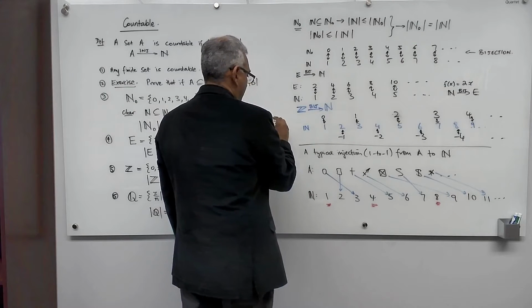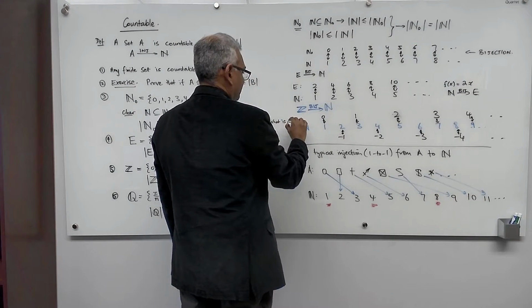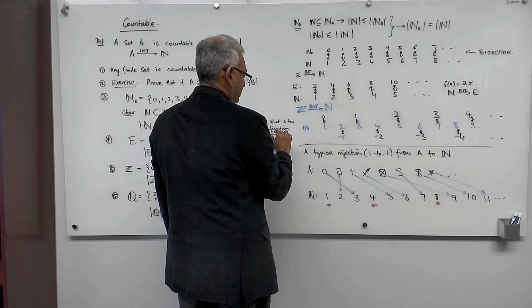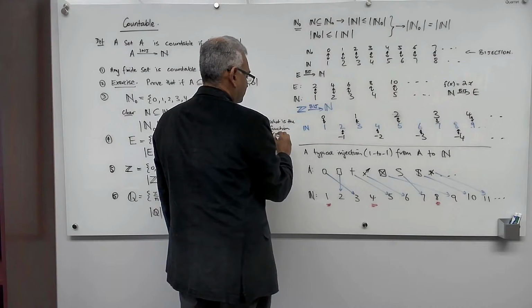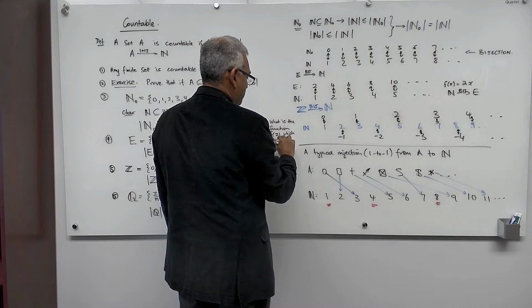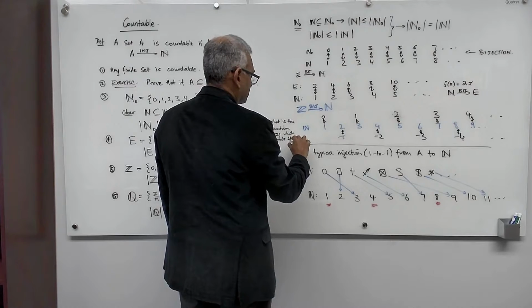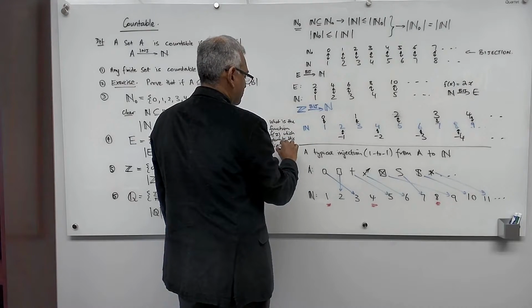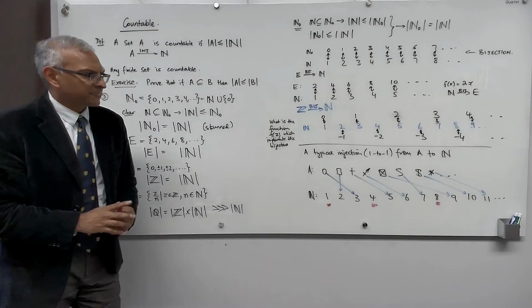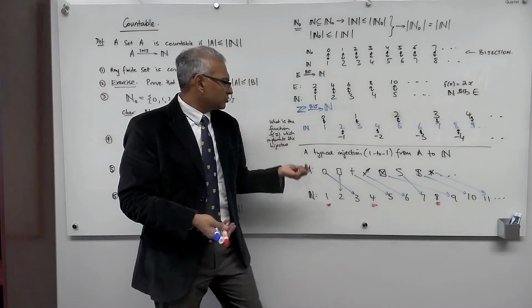What is the function f of z which implements this bijection? And show that it's a bijection. f of z basically breaks into two cases.